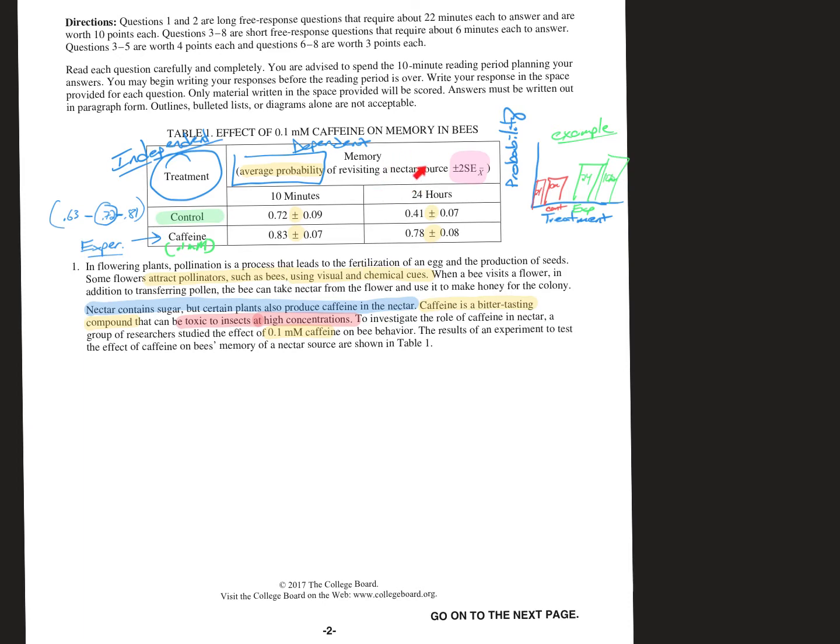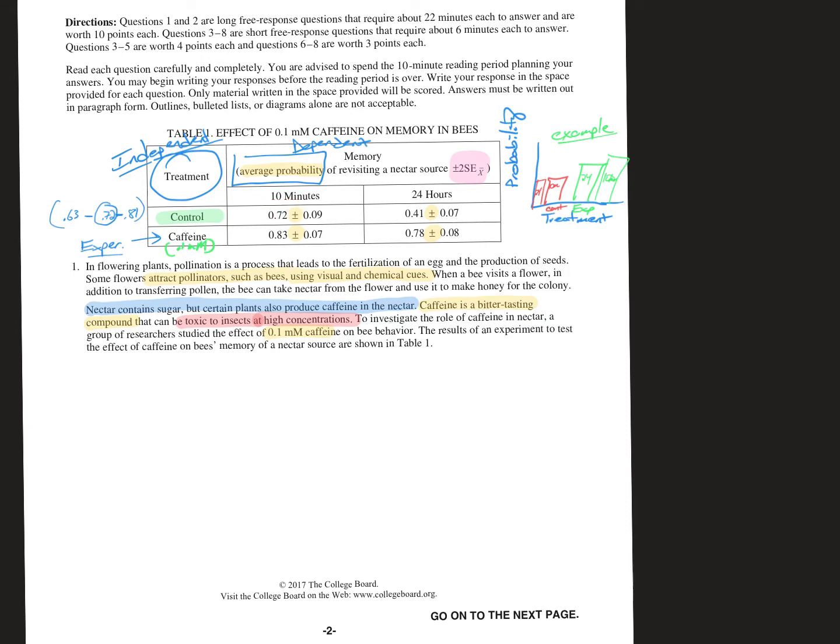That's not all the bees. So there's going to be some error, right, based on your sample size. So the larger the sample size, the less your error. So a standard error of plus or minus 2 means that whatever that percent probability is, the average probability is going to be plus or minus the standard error of 2.